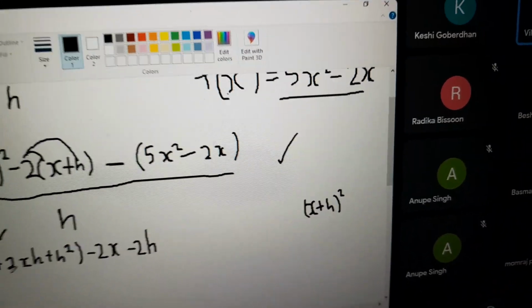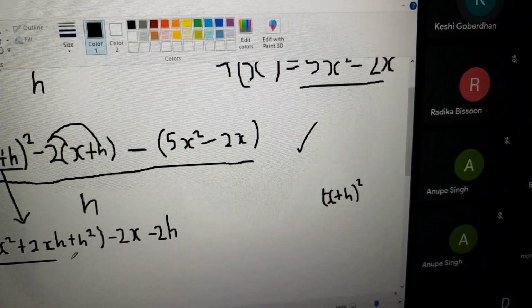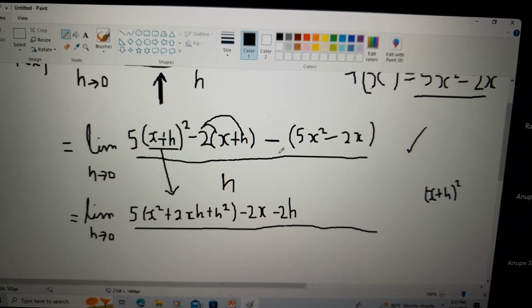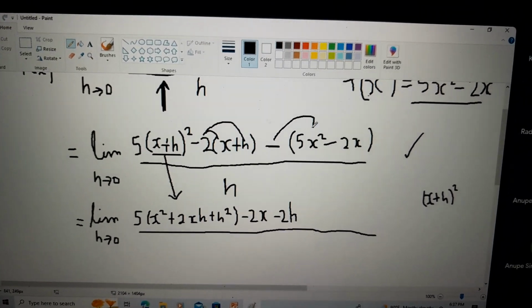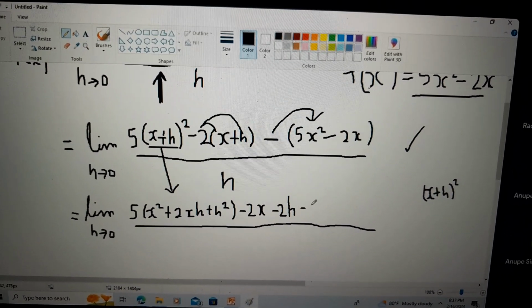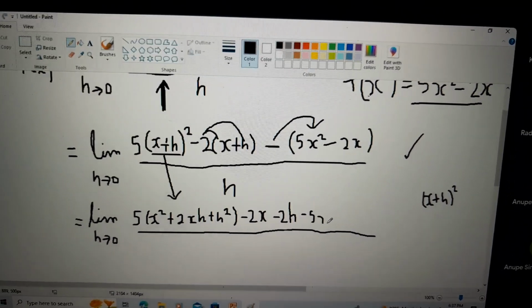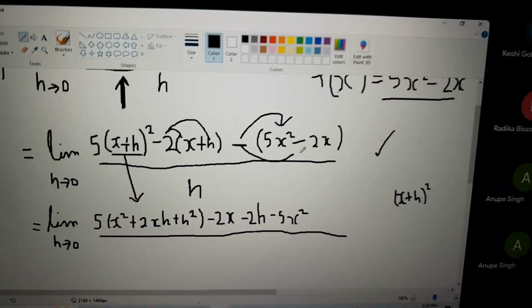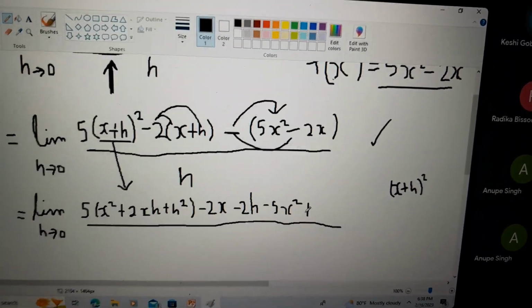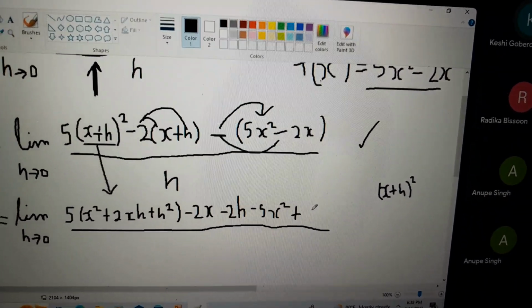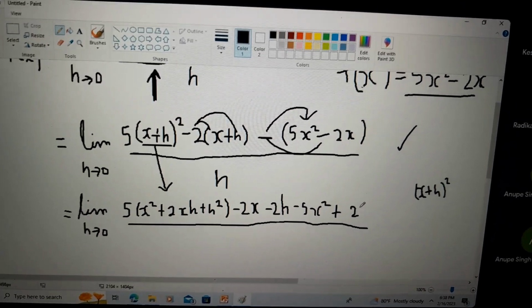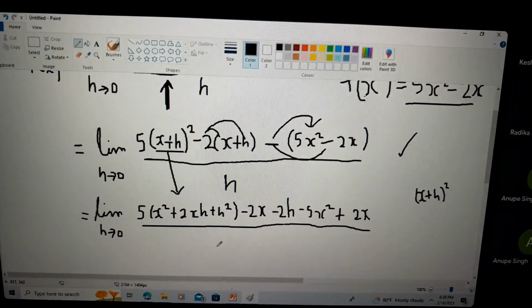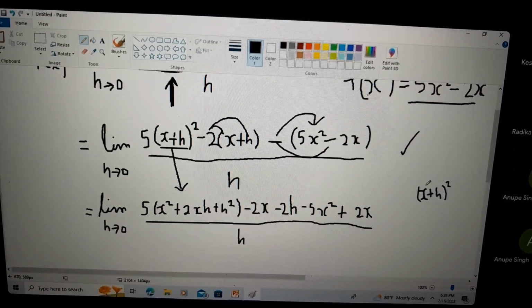Yes, sir. Great. Now this minus again, by everything here, that will be minus 5x squared, and minus by minus, you really have to be careful with your sign. That will be plus 2x, right? All over h.